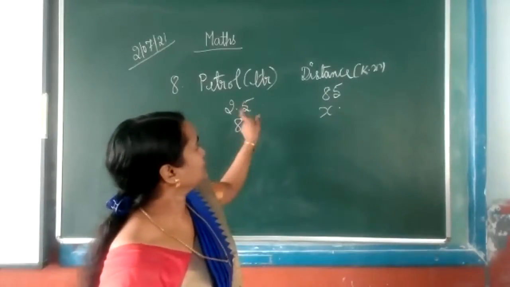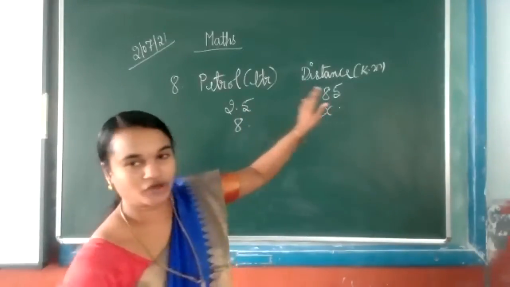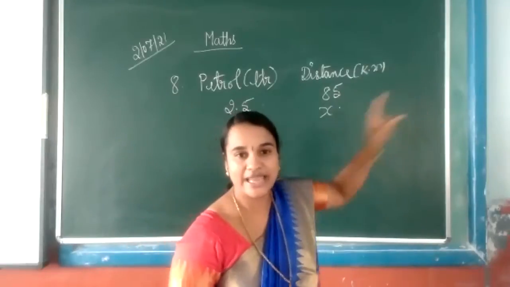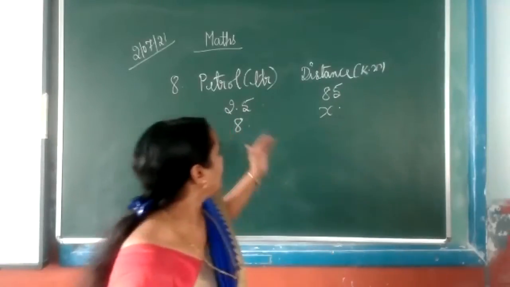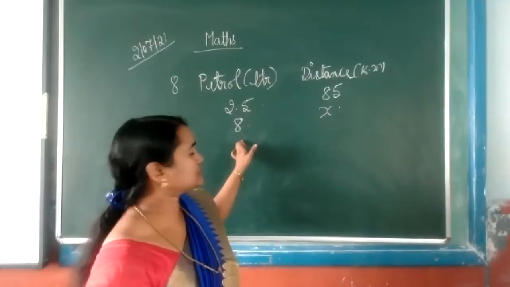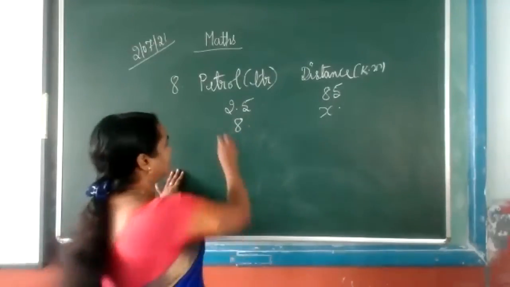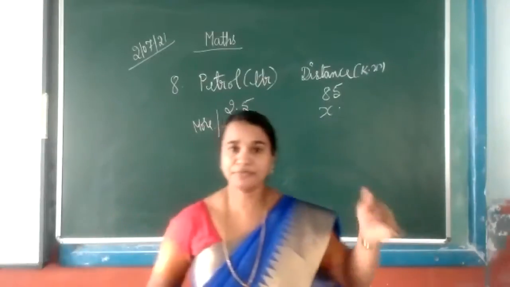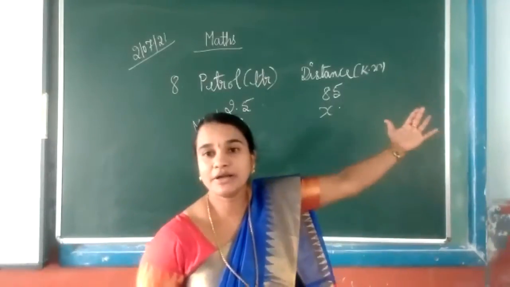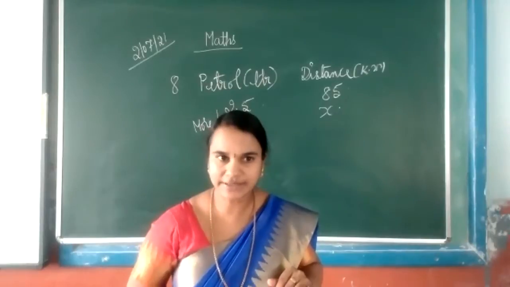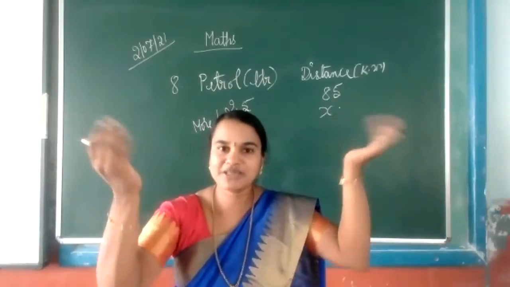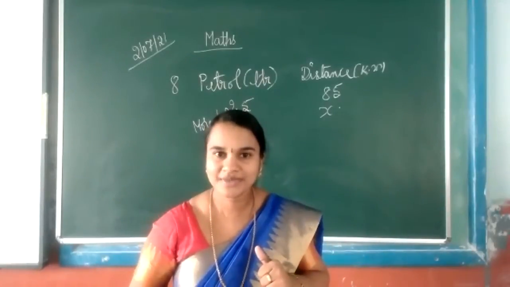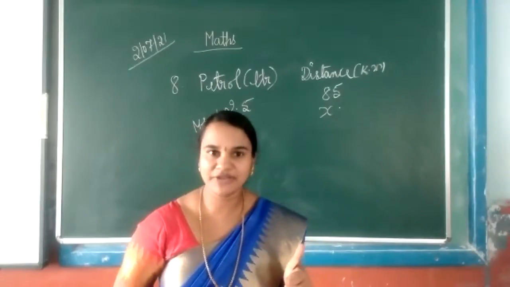Here, children, with 2.5 liters of petrol, he can cover 85 kilometers. If the liters of petrol increase, we are getting more distance. If there is more petrol, we can cover more distance. Isn't it? Both are more and more, which variation? Yes, very good. Direct variation.